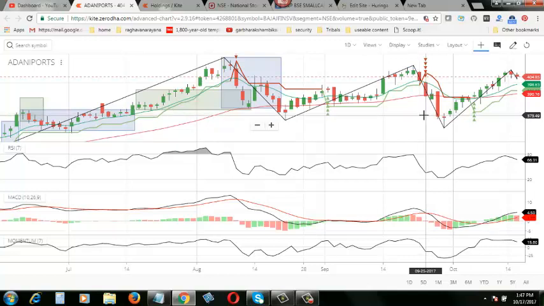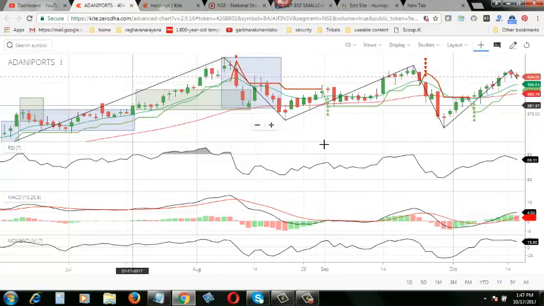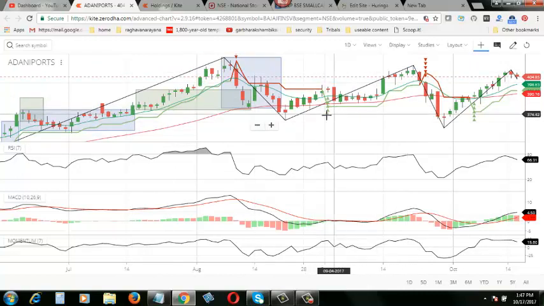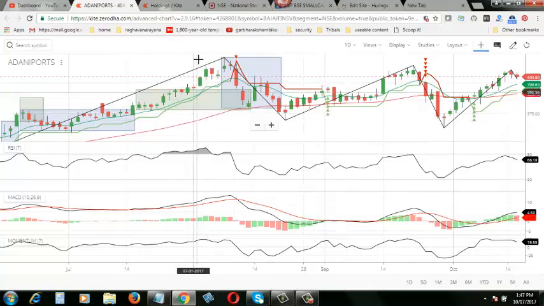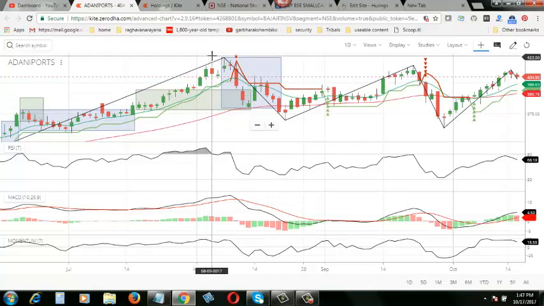As per these technical indicators, the judgment is something like this. First we will see the overall scope.